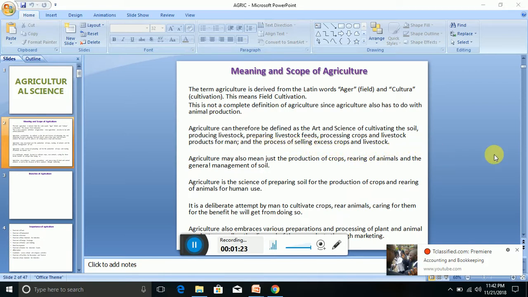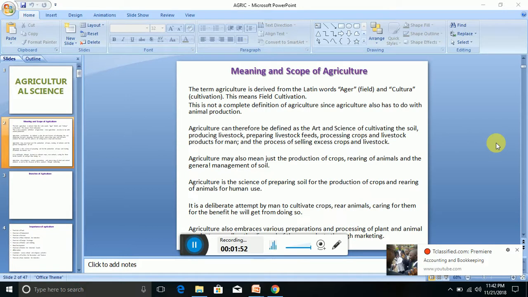So you see, agriculture is not just restricted to farming in the farm or rearing cattle or goats or birds. It also involves processing these things that you grow, being able to get the milk out of the cow, being able to get the eggs out of the birds, and selling them, putting them in the right form to sell them to the end user.